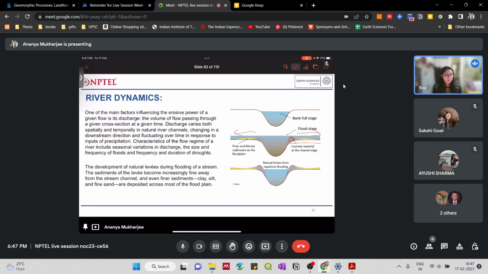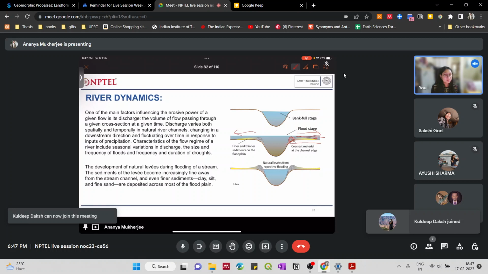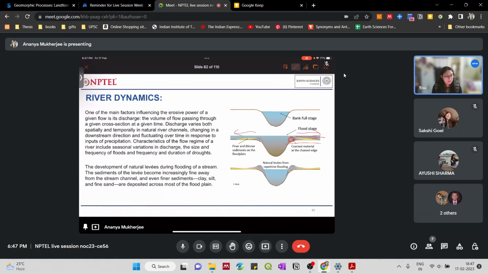Coarser material is not going to be able to flow to the sides, because as the water is rising and moving, the velocity is decreasing as the water moves away from the channel edge. So you can see that the coarser material is getting deposited first, then slightly finer, and then the finer and thinner sediments.